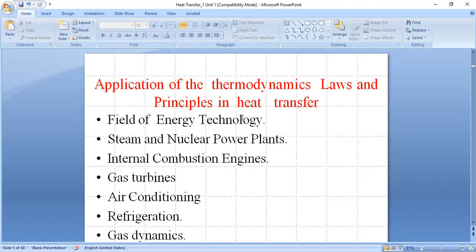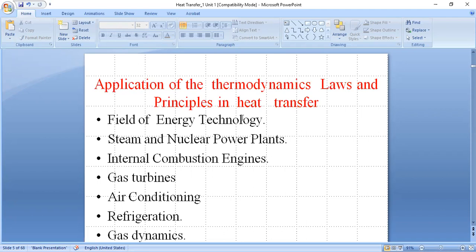Next, the gas turbine. Gas turbines are used for generation of power. And next, air conditioning units. Air conditioning units, AC, provide comfort for human beings.